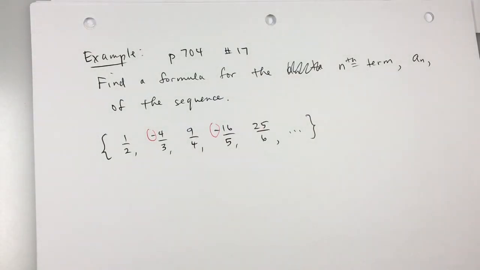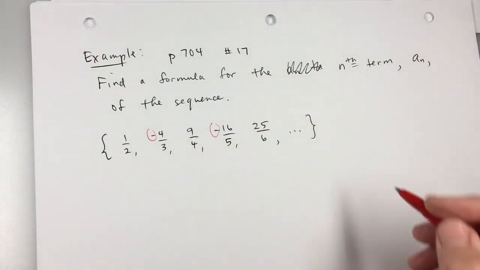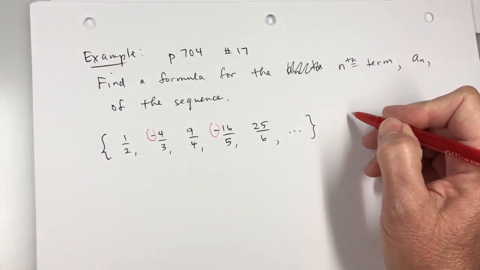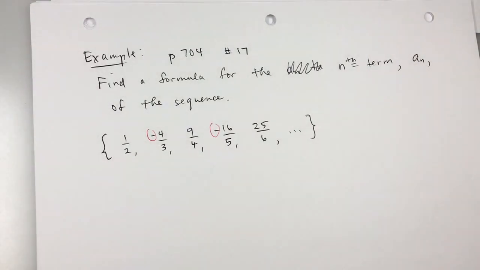What's the next term, by the way? It's going to be negative something. So, -36/7 is the next term. Now, what do you have to do to get the signs to alternate?